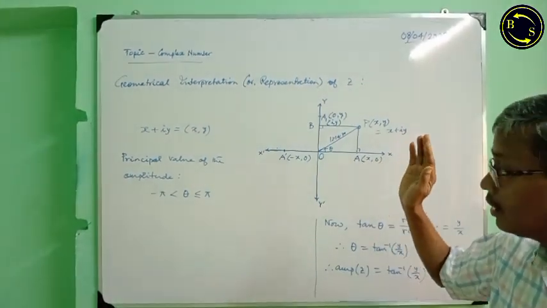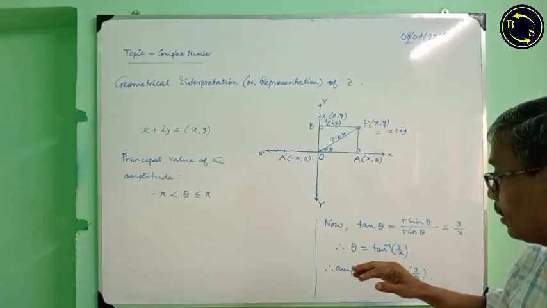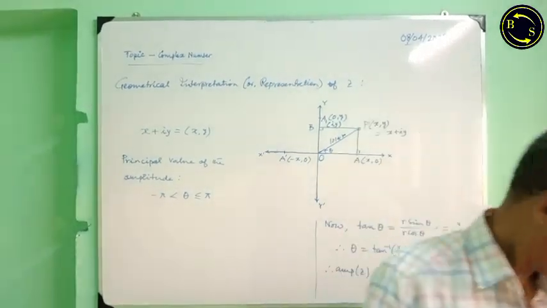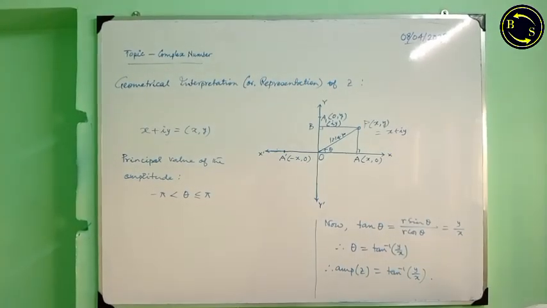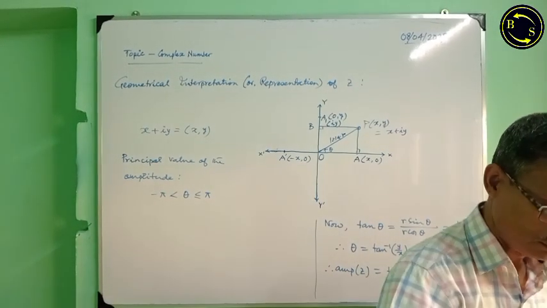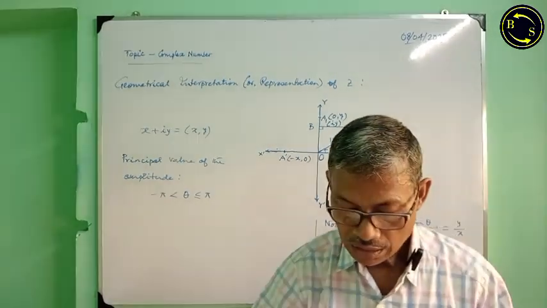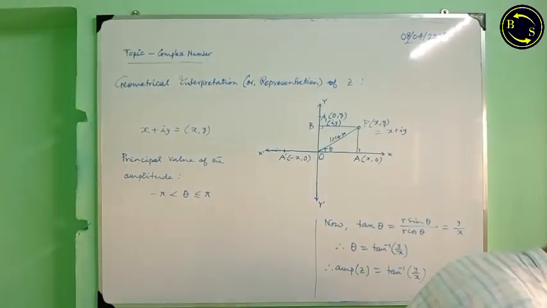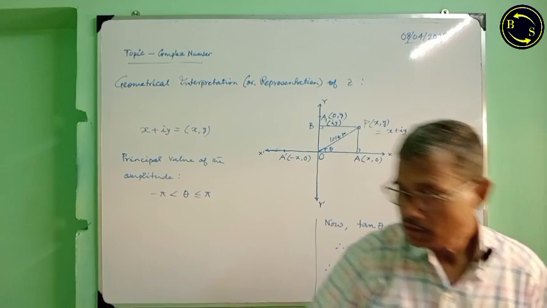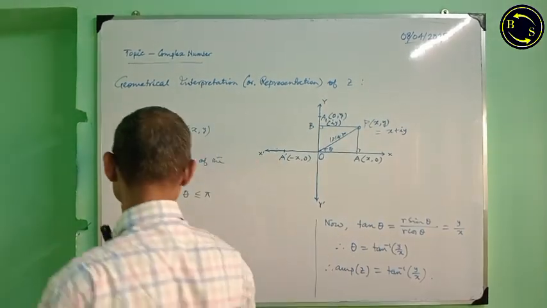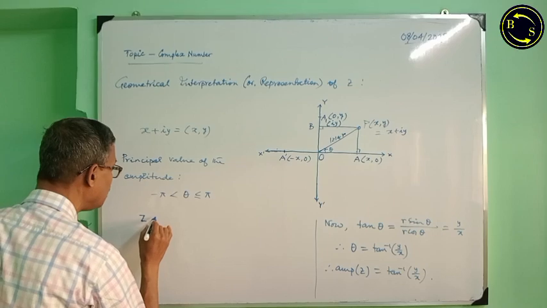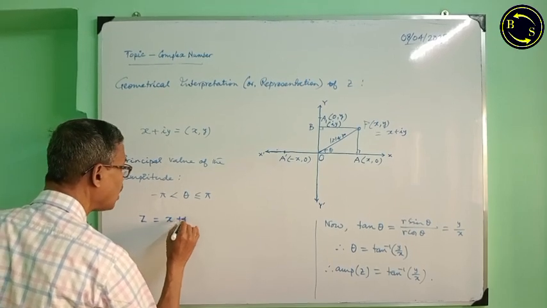To explain that, we are to take a few examples. Before that, let me mention one thing. Already I have explained z is x plus iy.